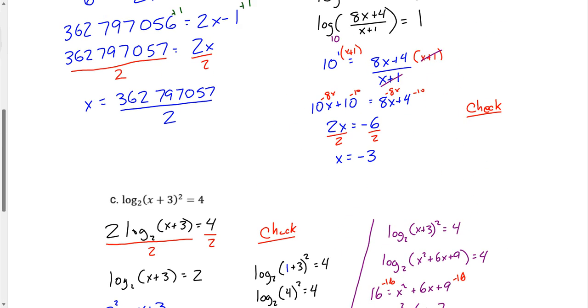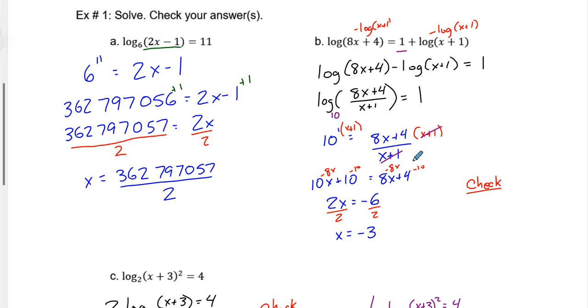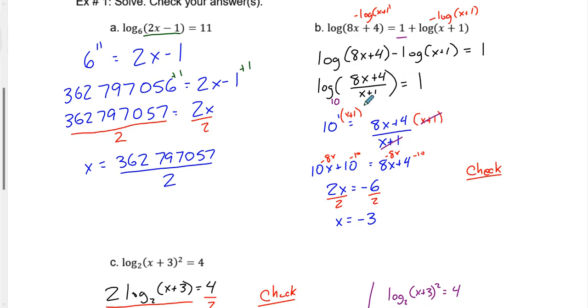Now we're going to come back up here. We're going to come back into our check here. So by plugging negative 3 in, log of 8 multiplied by negative 3 plus 4 would equal 1 plus the, well, I'm plugging into the absolute original equation, log of negative 3 plus 1.